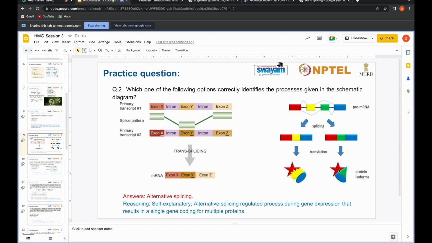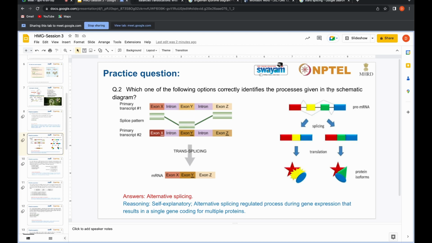But in alternative splicing, not just exchange of exons happens; in other cases an exon can also get skipped. When we say trans-splicing, we compare these two transcripts and say there is trans-splicing due to which this exon has shifted with that exon.